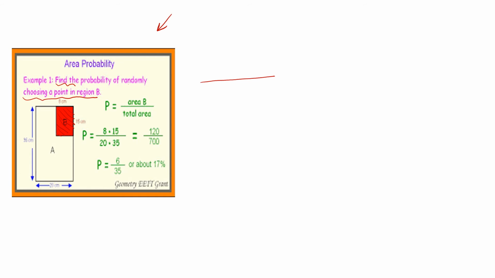The big rectangle will be the total, and you know the area of a rectangle is length times width. So the area of the big rectangle is 20 times 35.